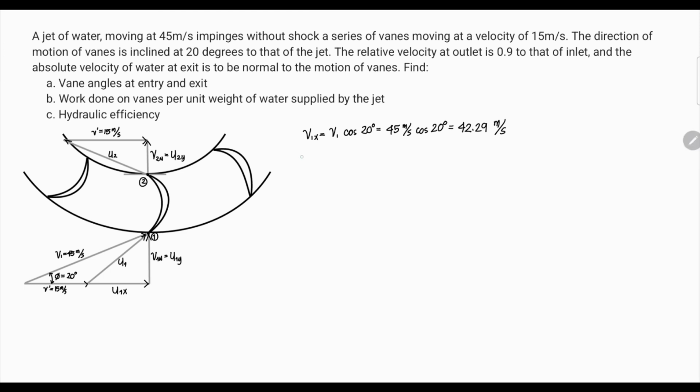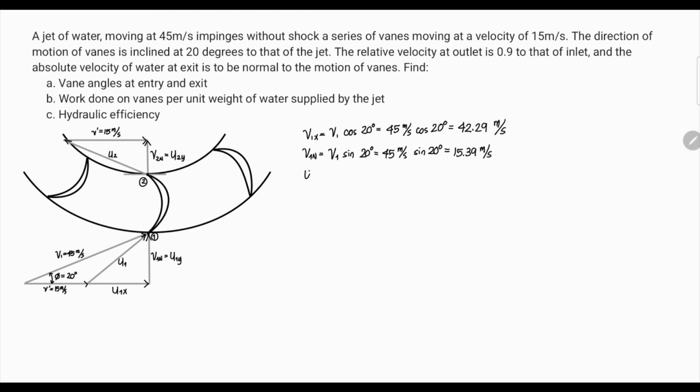So now to solve for V1n, that is also equal to V1 sine 20 degrees. So that is 45 meters per second sine 20 degrees. That is equal to 15.39 meters per second.